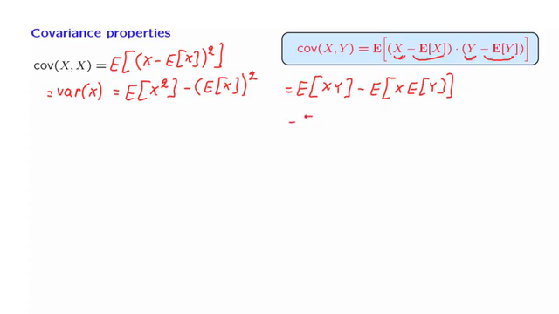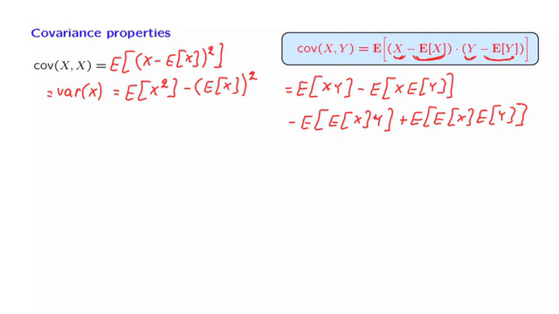And that gives us minus the expected value of x times y. And finally, the last term comes by multiplying this quantity with that quantity. And this is what we have by applying linearity to the definition of the covariance.